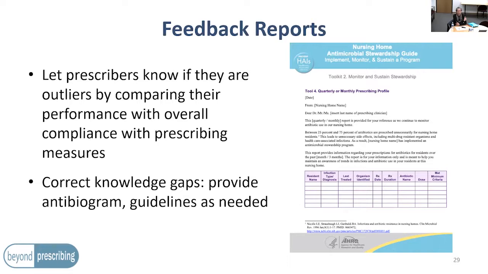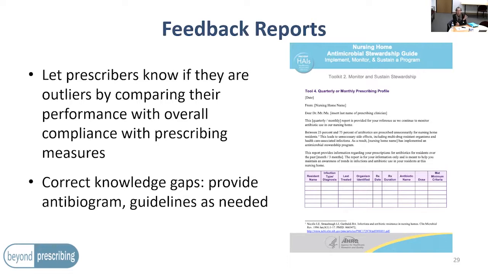If they are outliers, you may be able to let them know in some anonymous fashion, like, this is how many prescriptions are being written by provider X per patients that provider X is covering, and one person is off the chart.